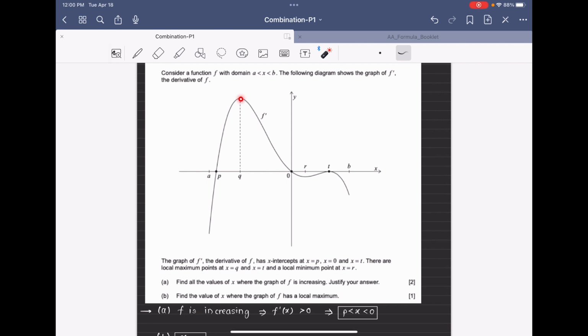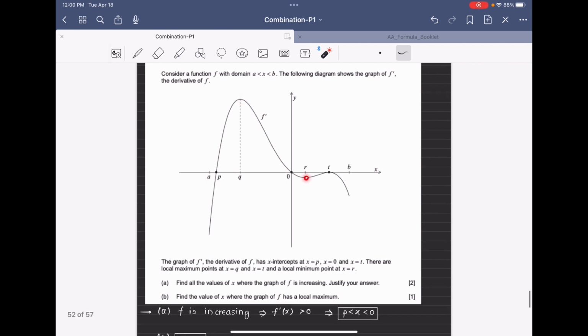Because at q, that is a maxima, or at r, that is a minima, or at t, that is a maxima. At q, before is positive, after is also positive because it is above the x-axis. At r, before is also negative, after is also negative, that is below the x-axis. At t, before is also negative and after is also negative, that means again it's an inflection.